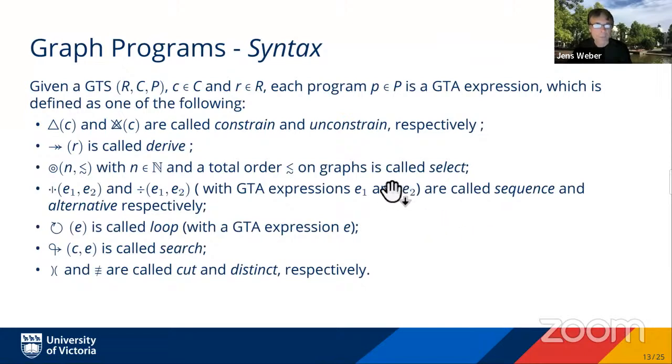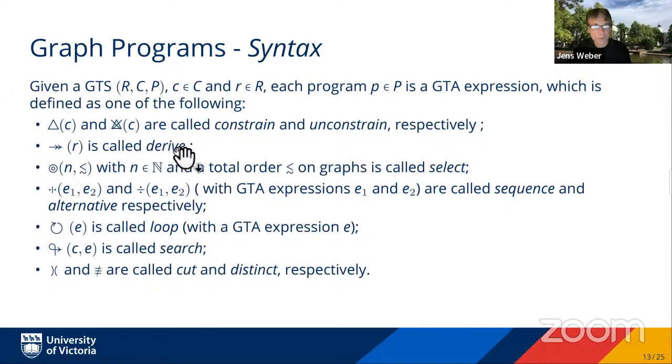So here are these operators on grapes. We have an operator to constrain or unconstrain a grape, essentially attaching constraints to or removing constraints from the grape.